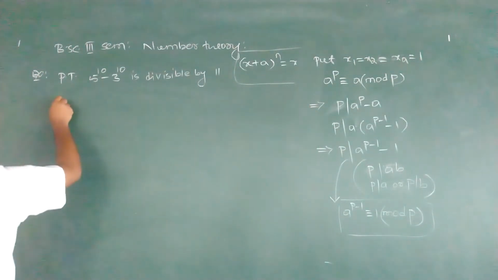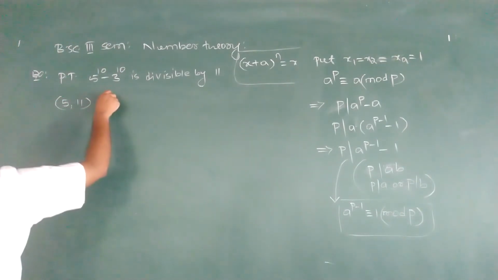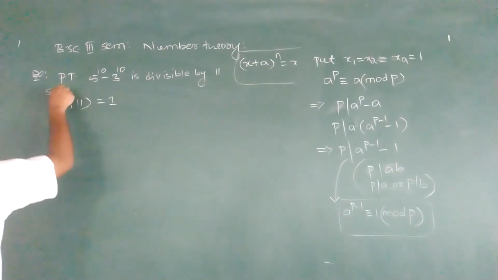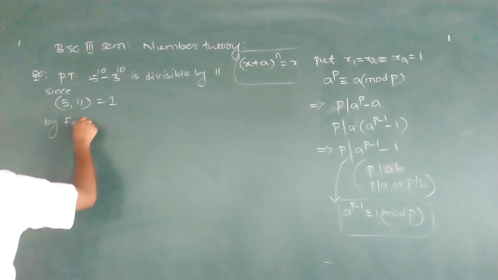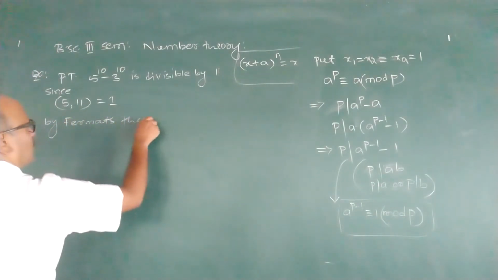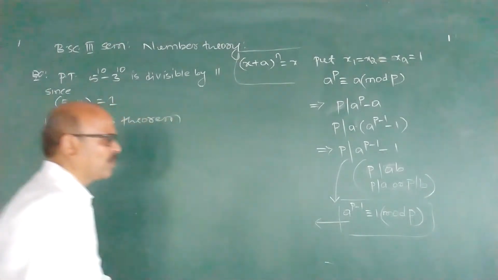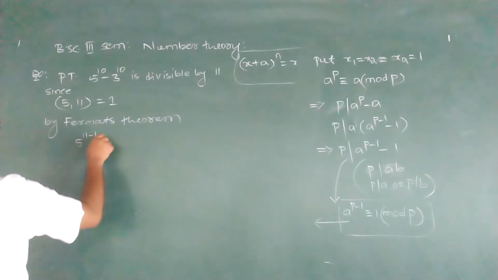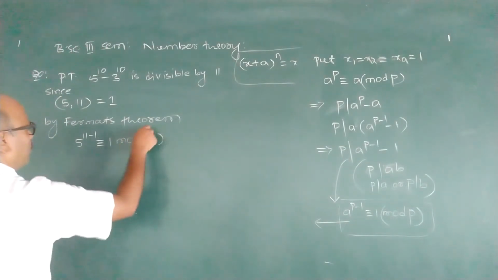First see here, 5 and 11 are relatively prime. Since 5 and 11 are relatively prime, by Fermat's theorem, 5 raised to 11 minus 1 is congruent to 1 mod 11.